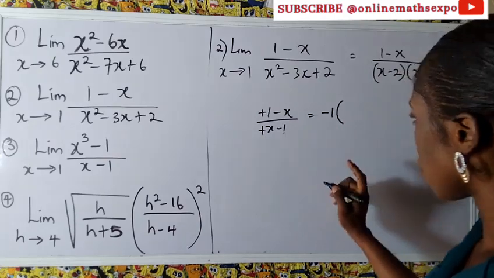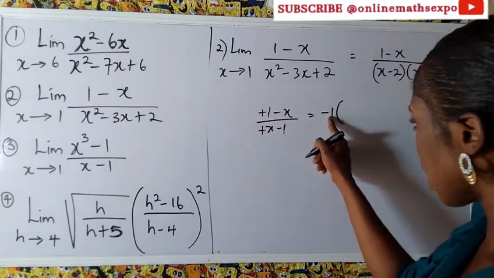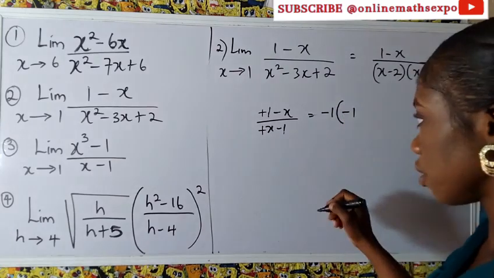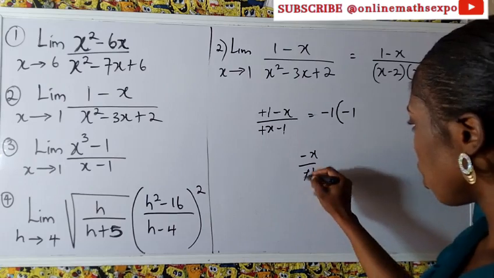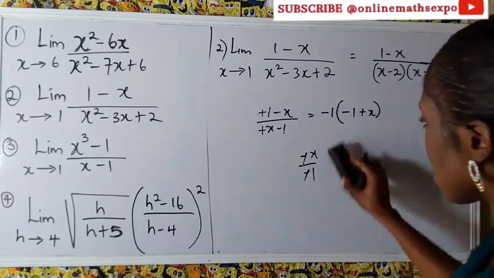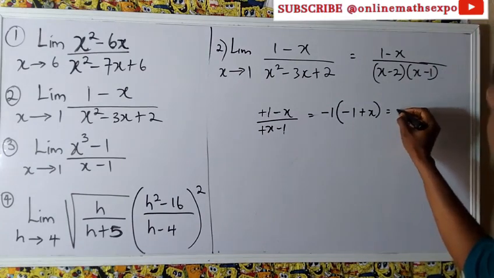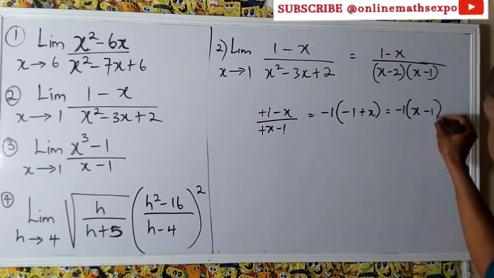Dividing positive 1 by negative 1 gives negative 1, and dividing negative x by negative 1 gives positive x. So this is the same as negative 1 times x minus 1.